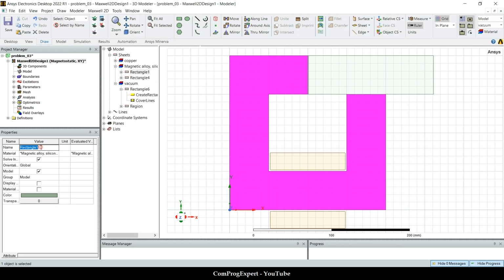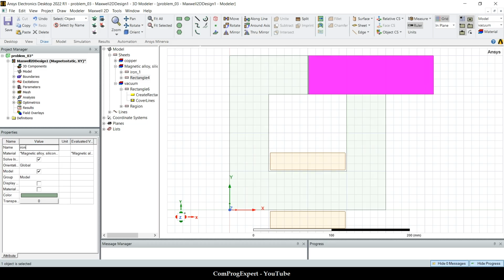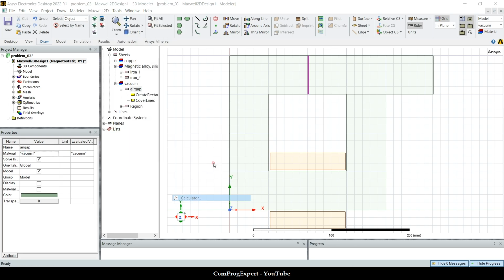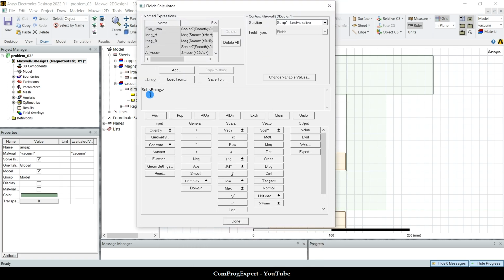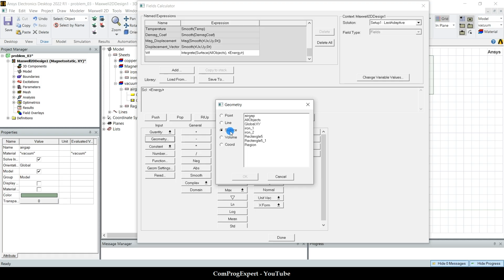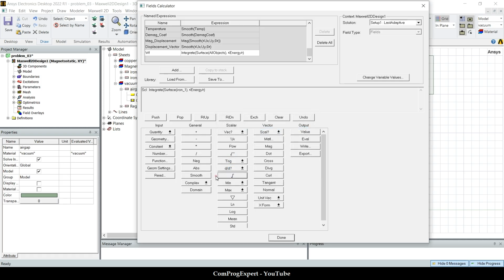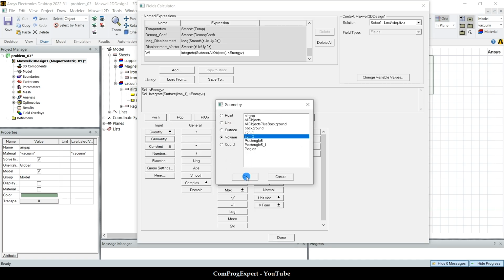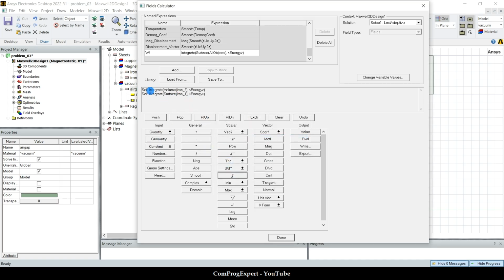So this is iron part 1, and this is iron part 2. This is the air gap. Okay, so in the calculator we should use this. This is the energy, and geometry, surface, iron 1, calculate the integral. Again, select the energy, iron part 2, calculate the integral.